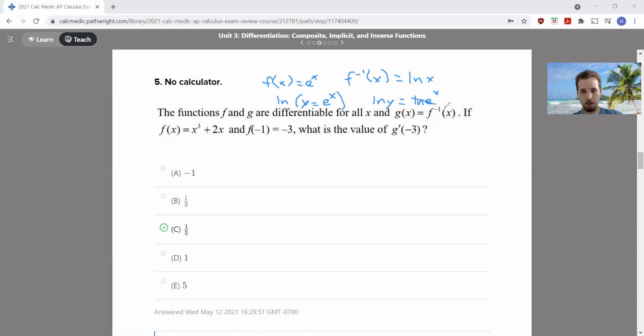And ln of e is 1. So you get ln y equals x. And so the inverse of this is just switching it. So ln of x is equal to y. So this would be the inverse.